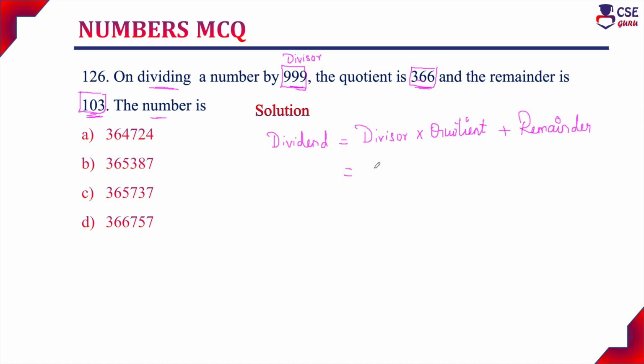Dividend is equal to 999 into 366 plus 103. Solving this, we get 365737. So the dividend is 365737, and the correct answer is option C, 365737.